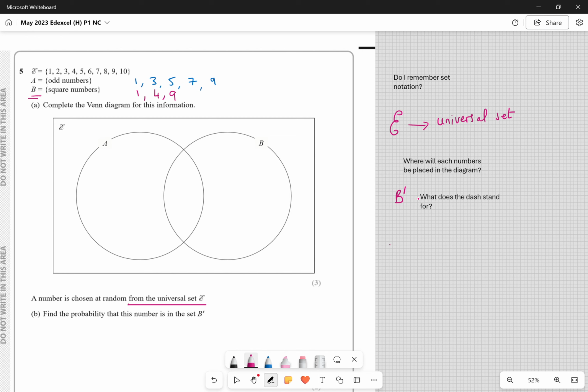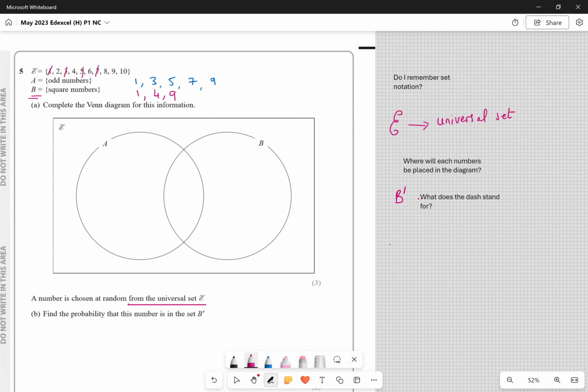Which ones are not in any set? So let's cross out the ones that we've already used. We've used 1. We haven't used 2, we've used 3, we've used 4, not 5, not 6. Oh, we have used 5, sorry, yes, because obviously that's an odd number. So we've used 3, we've used 5, we haven't used 6, because that's neither an odd number nor a square number.